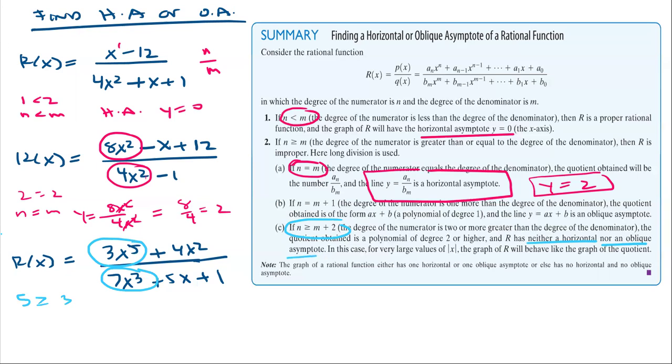So in this case, we have no horizontal asymptote and no oblique asymptote. And that's all we write there.